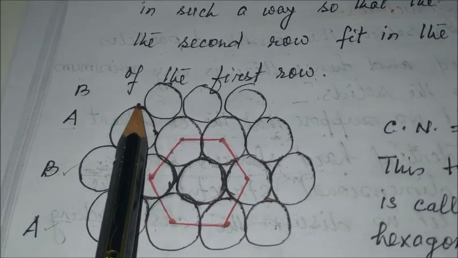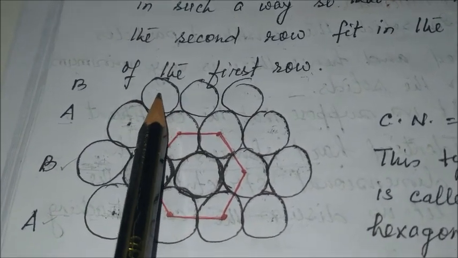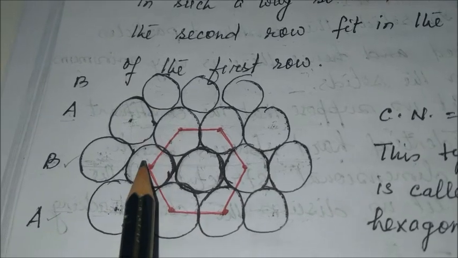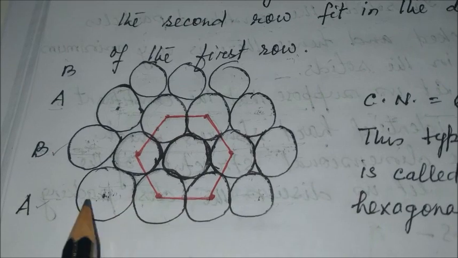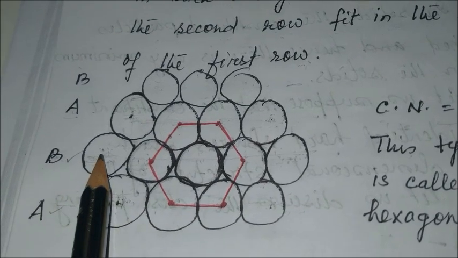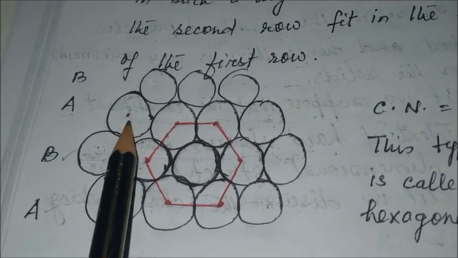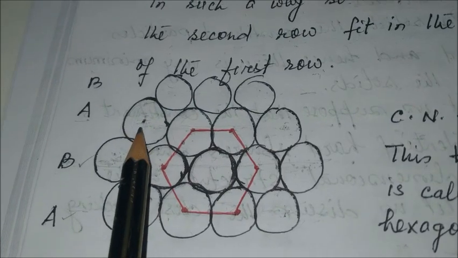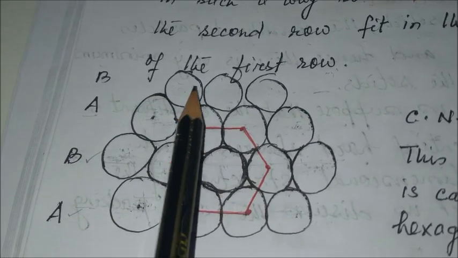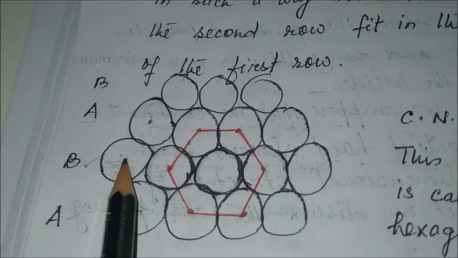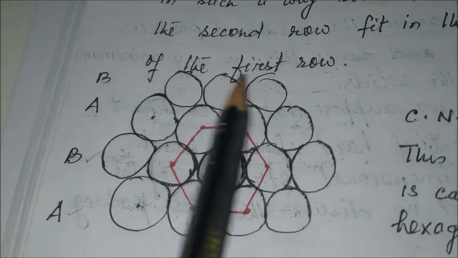And this fourth row has similarity with the second, therefore it is B.